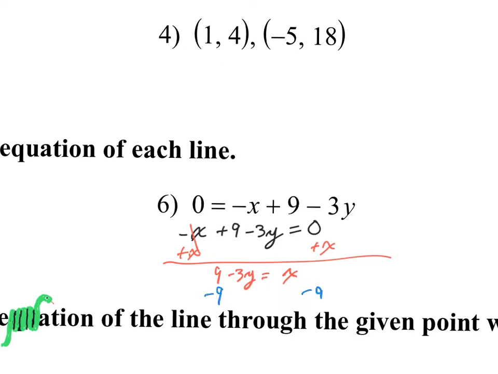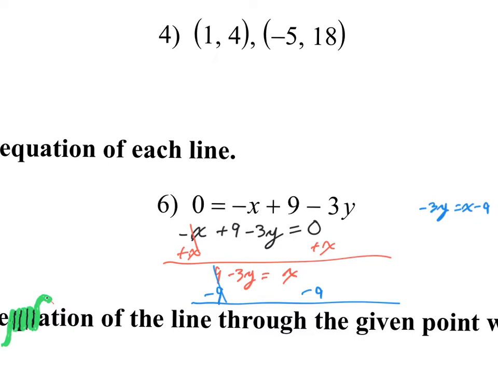Now notice I did not put that negative 9 over here with that x. I put it over to the side, and I did that on purpose because those are not like terms, so we don't want to get those mixed up. And I'm going to move over to the side just a little bit, so hopefully I don't confuse anybody here. That's going to be negative 3y equals x minus 9. And just moving that over to the side because I ran out of room down there at the bottom. Don't want you to try to read it as going over the writing there.